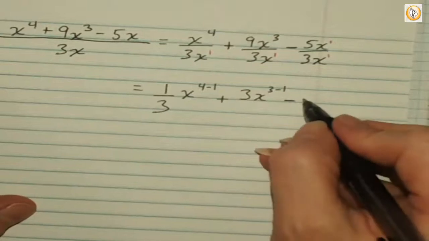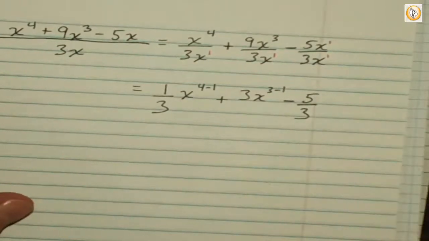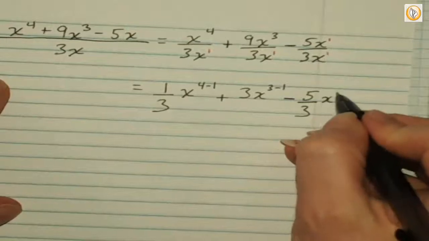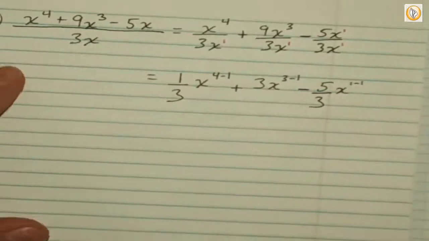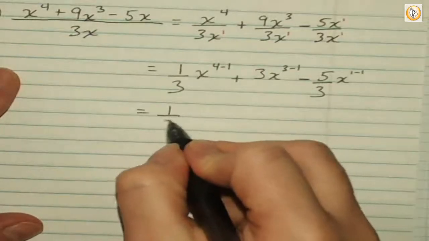No, and you know what? You don't have to even put that in a mixed number. You can keep it as an improper fraction, boys and girls. Just keep it as an improper fraction. And then I have x to the 1 minus 1. So, we're going to simplify.